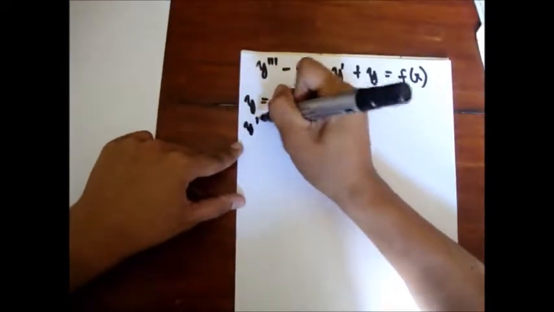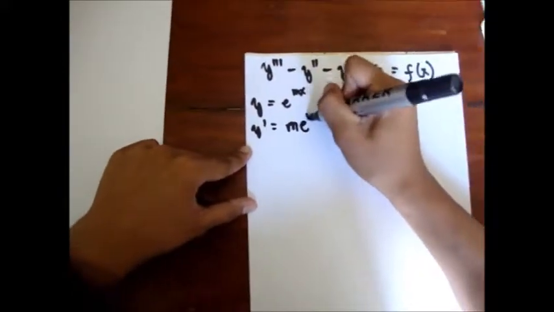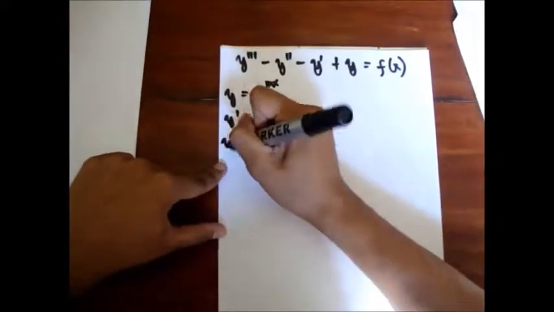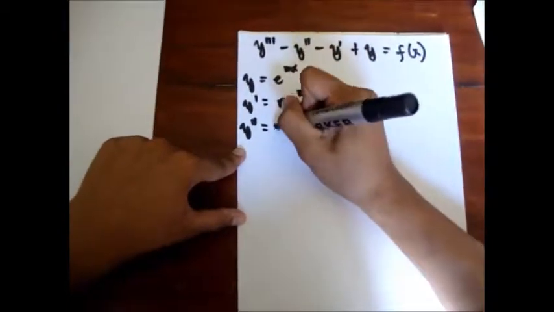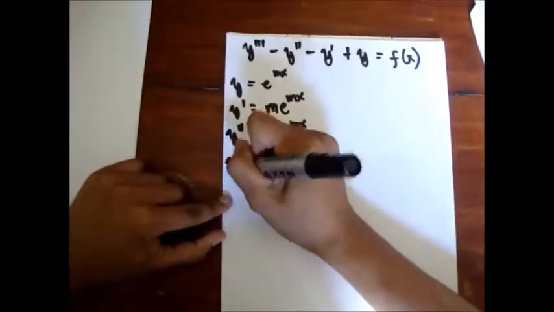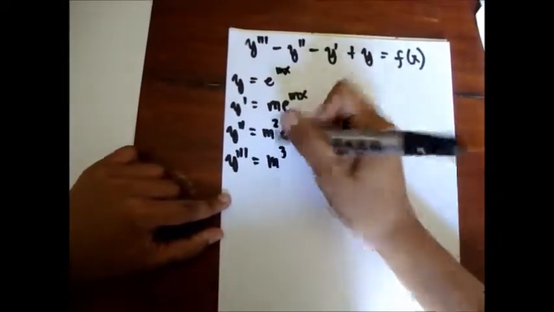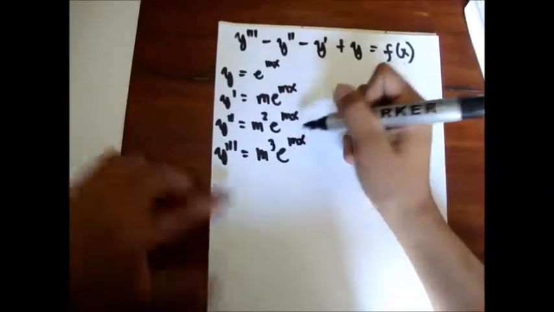So our y prime equals m e raised to mx, y double prime equals m squared e^mx, and our y triple prime equals m cubed e raised to mx.